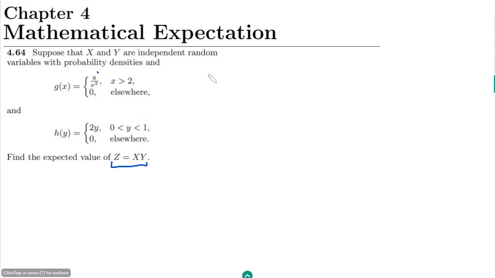Okay, so let me solve it here. This is the solution of this question, and here we want to find out the expected value of z, which would be the expected value of E of xy.